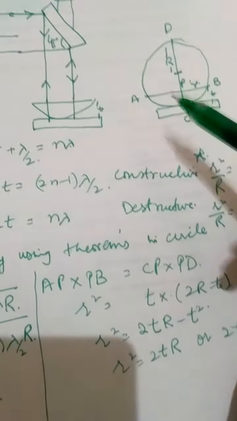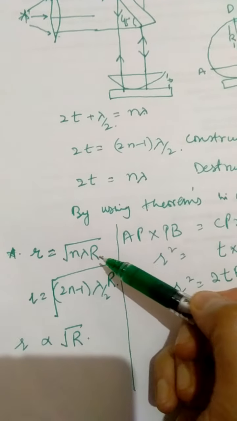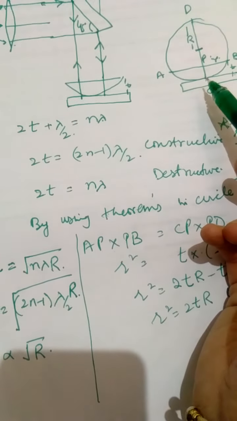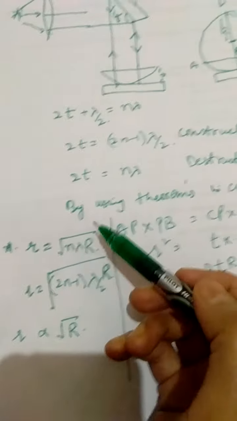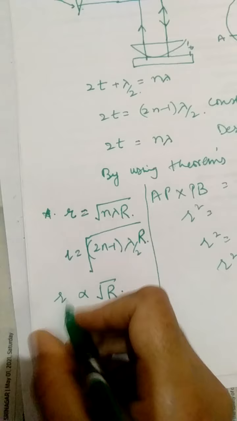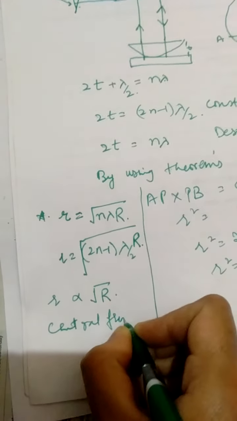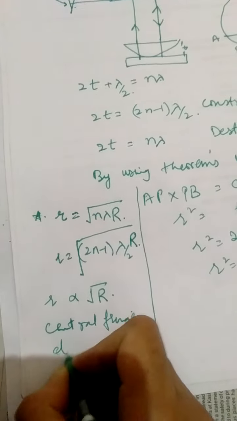Now, in case of a dark fringe, when we put r equal to 0, and why do we do that? Because at the center, this plano-convex lens is actually touching this glass plate. So when r is 0, this n is also equal to 0. That means the central fringe will be a dark fringe.